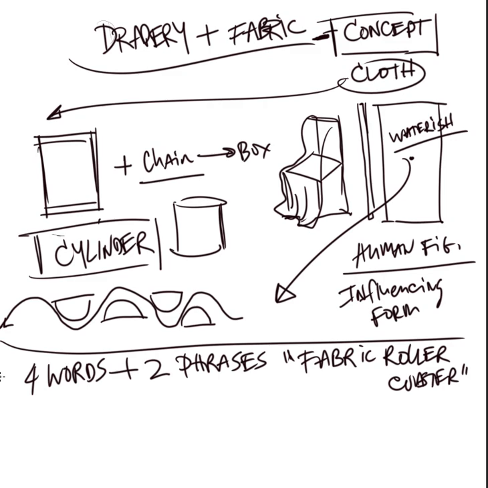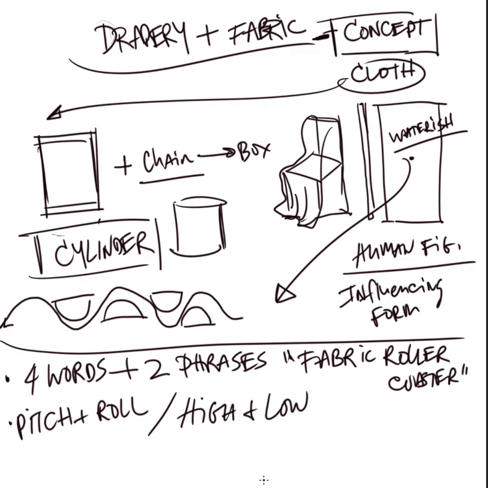Now, the point being, what are those four words and what are those two phrases? Well, here they are: pitch and roll, and high and low. Pitch and roll, high and low.